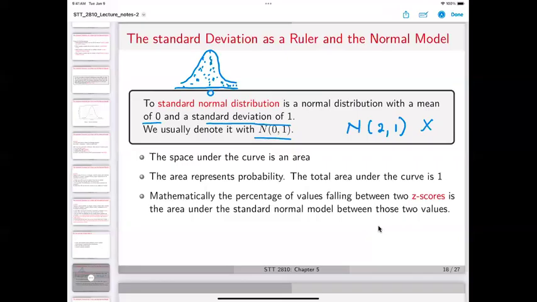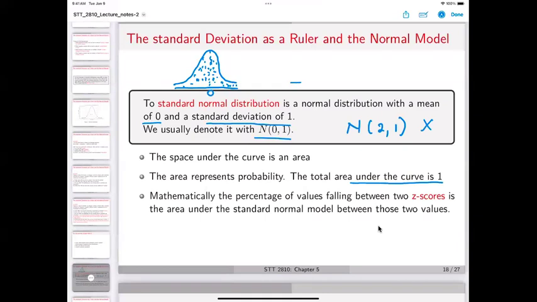Is that okay? And this area represents probabilities. So the total area under this curve is what? 1. You should always know that the total area under the curve is always 1.